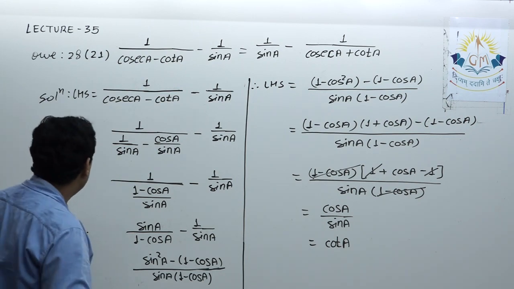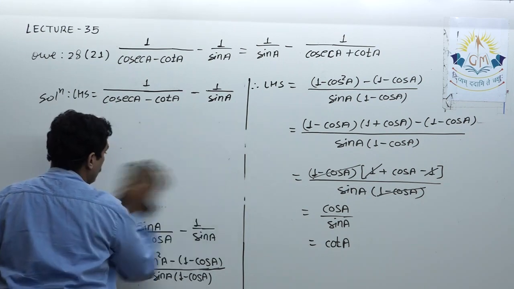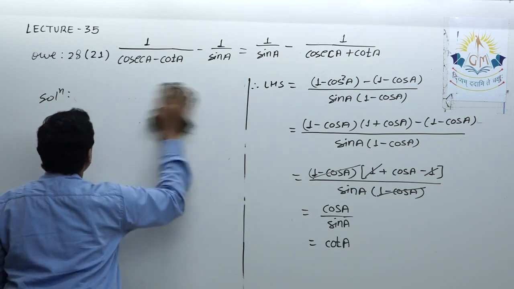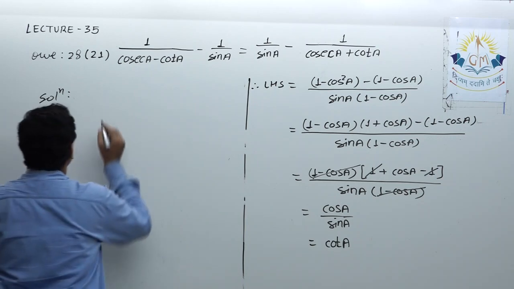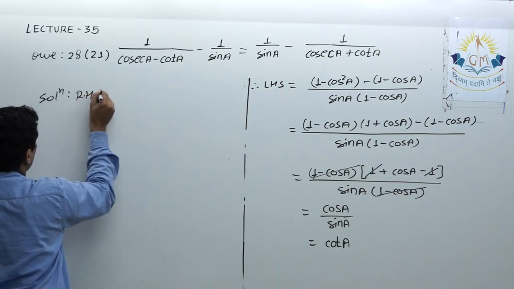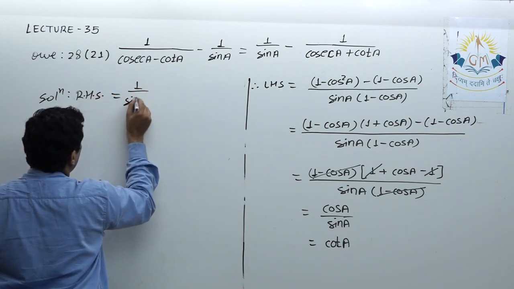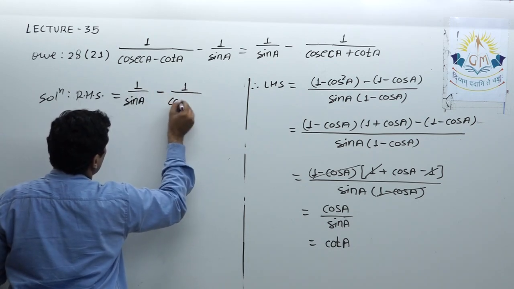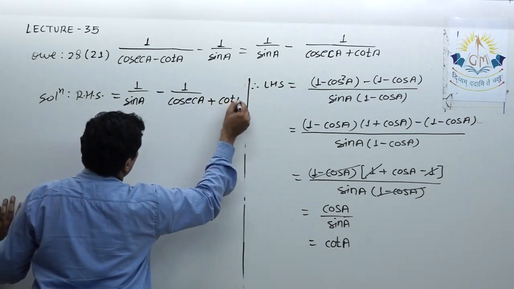Okay, now let us start solving the right hand side. So here left hand side is equal to cot a. Now we'll try to prove the right hand side equal to the same, that is cot a. So now RHS is equal to 1 upon sin a minus 1 upon cosec a plus cot a.